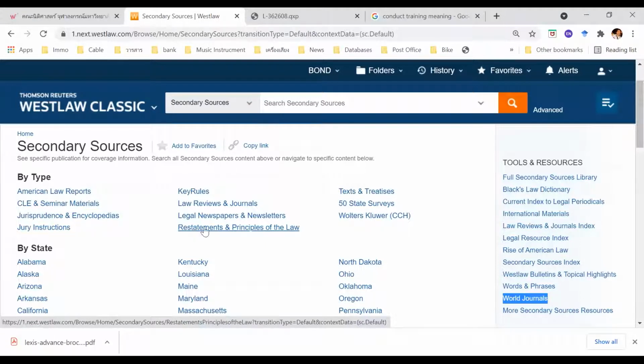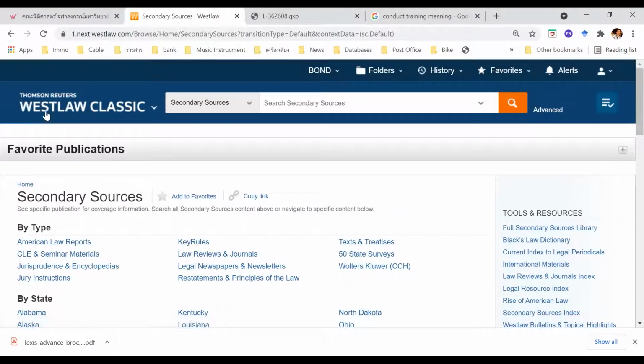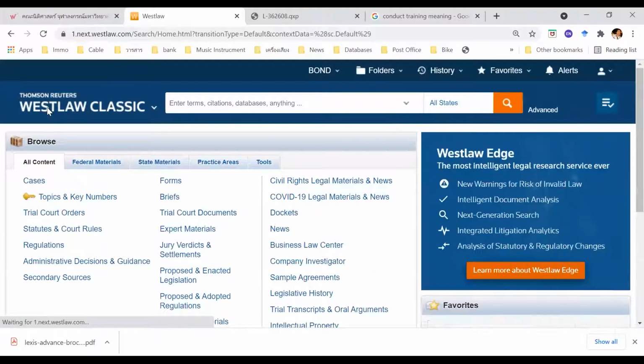And another one, as I just told you, texts and treatises, which we call a secondary source. And the last one, Black's Law Dictionary. So this is what we call finding a resource and understanding the sources that Westlaw provides you. Now let's come to the details.